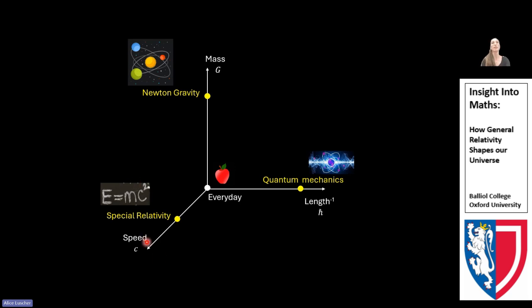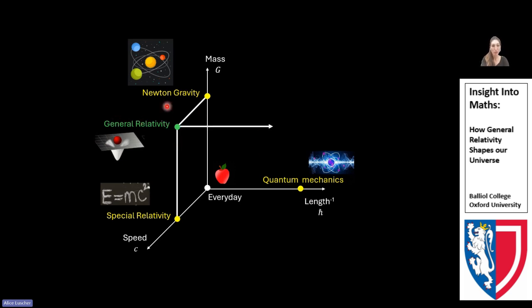In particular, Newton's theory was not compatible with special relativity, as we would know that the sun disappears directly when it happens. But on the other hand, general relativity is compatible both with Newton's gravity and with special relativity. So in the same way that we needed some extension to Newton's gravity to incorporate special relativity, and that was given by general relativity, what if we also want to look at very small stuff within general relativity?